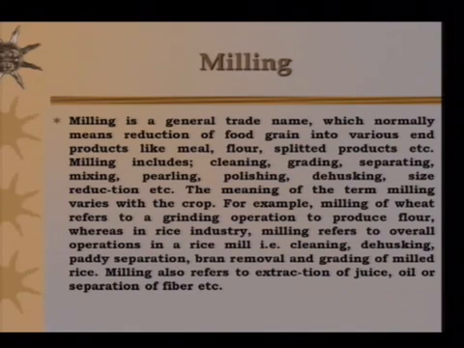For example, milling of wheat refers to a grinding operation to produce flour, whereas in the rice industry, milling refers to overall operations in a rice mill, i.e. cleaning, dehusking, paddy separation, bran removal and grading of milled rice.